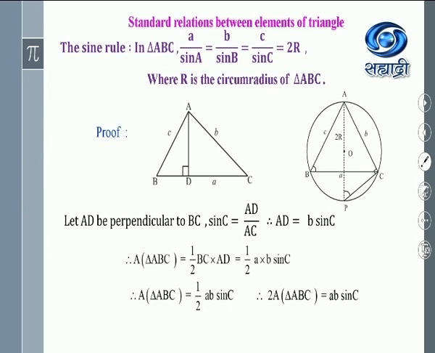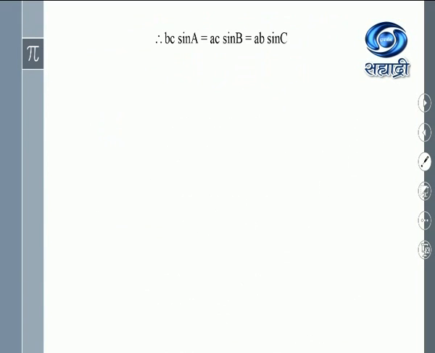With this equation, if I cross multiply 2 with the LHS, we have 2 times the area of triangle ABC equal to ab sin C. Similarly with the other bases, we get two more equations: 2 times the area of triangle ABC is equal to bc sin A, and 2 times the area is equal to ac sin B. But the LHS of all three equations is the same, therefore the RHS are also equal.